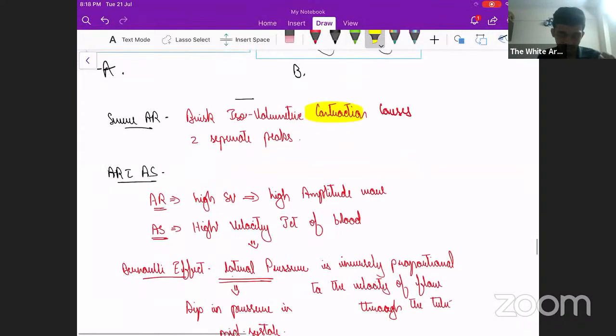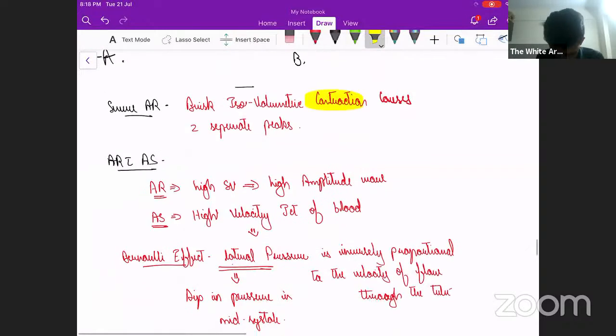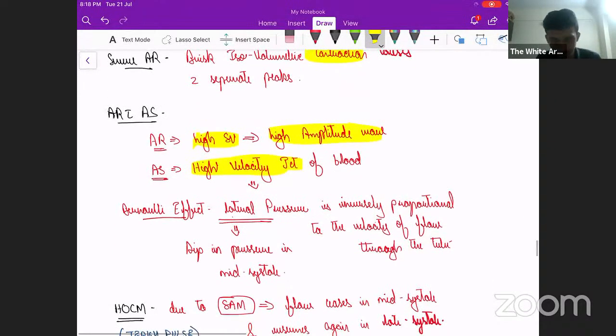When there is AR with AS, what you expect is this: AR will lead to high stroke volume, correct? That will lead to a very high amplitude wave. Next, AS will lead to high velocity of the jet. The blood that is ejected comes with very high velocity. According to Bernoulli's principle, whenever there is such high velocity of blood, lateral pressure will be inversely proportional to the velocity of the flow through the tube.